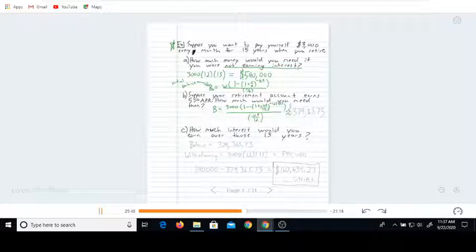So if we don't have any interest accruing over that period, we need $540,000. But if we withdraw from the retirement account and leave money in the retirement account so it still earns interest, let's figure out how much we'll need. So go and type that into your calculator.